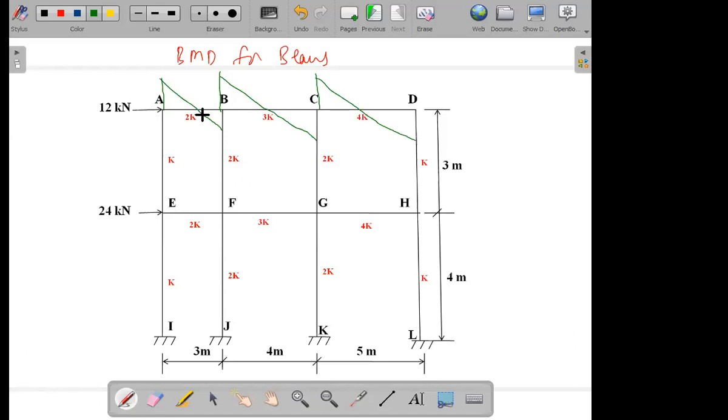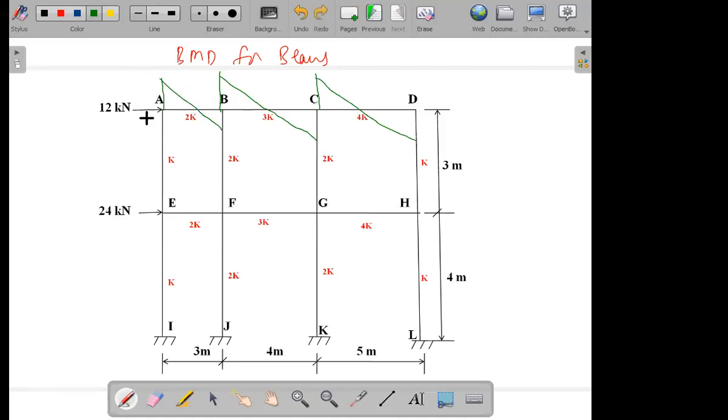While drawing the bending moment diagram for a beam, I always used to tell you that the bending moment diagram changes its sign from positive to negative or negative to positive, and it should exactly pass through the center. Please draw this inclined line so that it cuts the beam at the center.